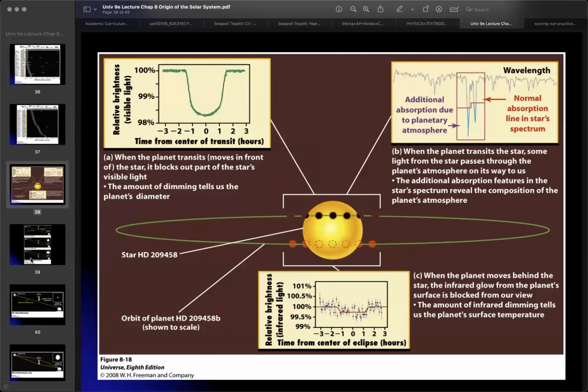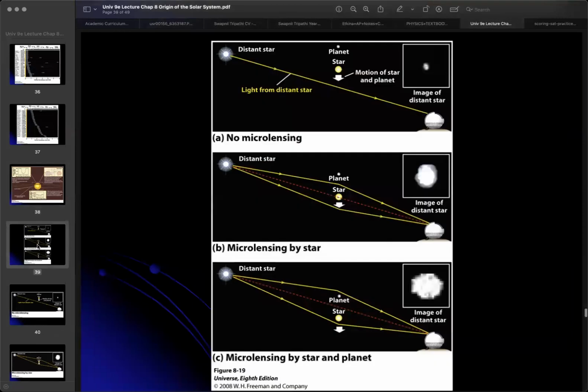What are some other ways in which we can detect an exoplanet? One of them was, obviously, the wobble, using the astrometric method and the Doppler method. Another method is microlensing. So obviously there's gravitational lensing.